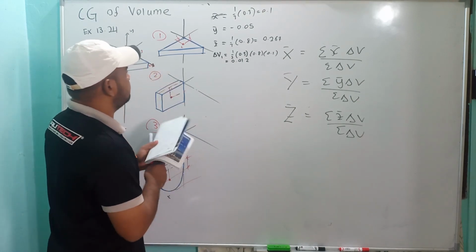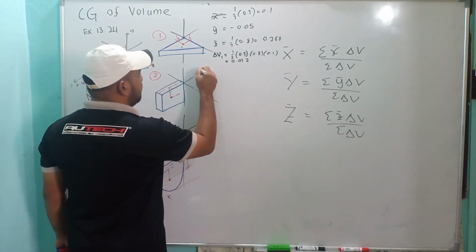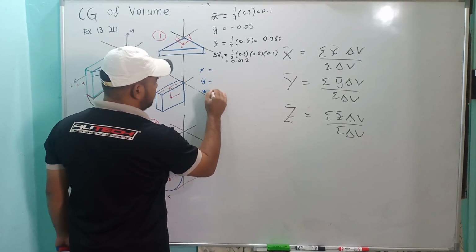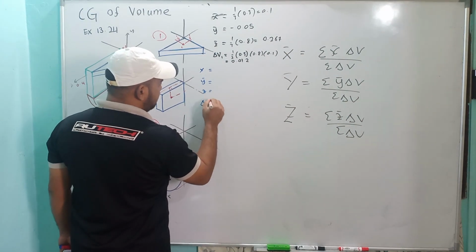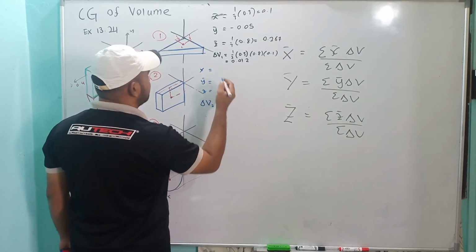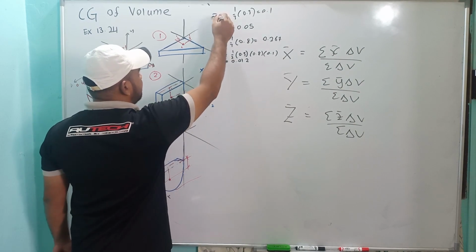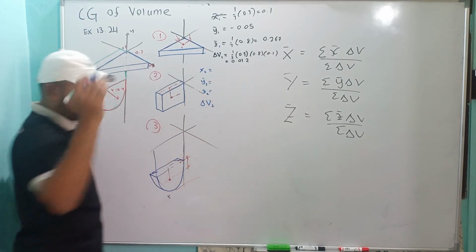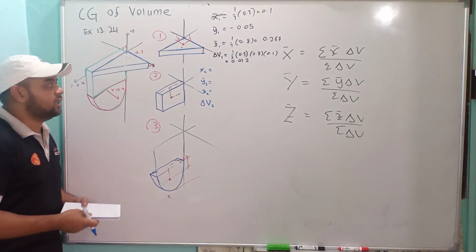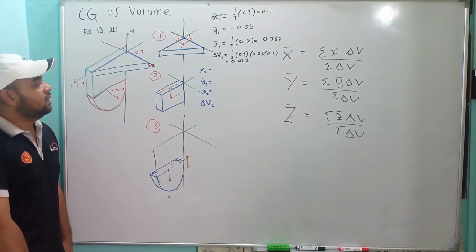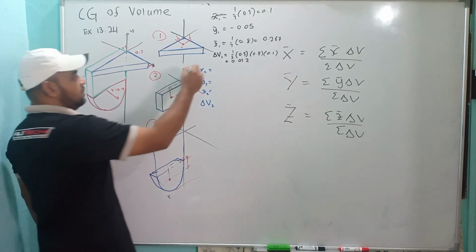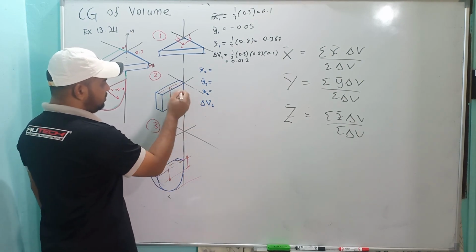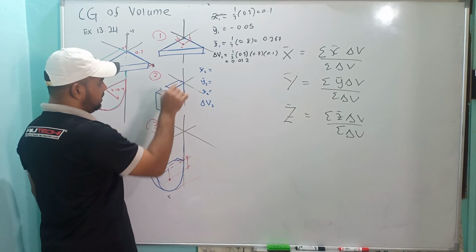I change the color here so you can see clearly. X bar equal to, y bar equal to, z bar equal to, and delta V2. If you want to put it properly, you can put x bar 1, y bar 1, z bar 1, and then 2, 2, 2, and so on, just for your naming so that you know which is which. X bar for this one is perfectly half from here, half from here, and half from here.